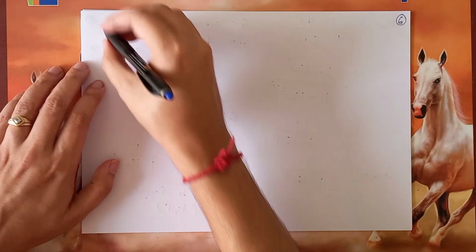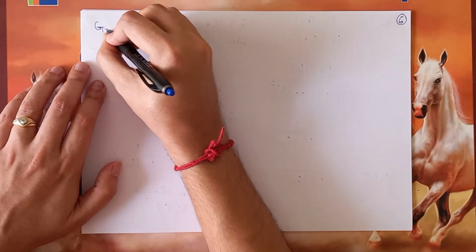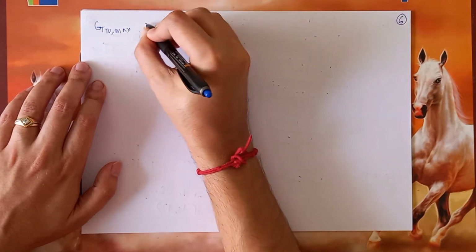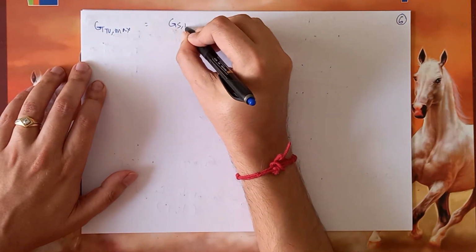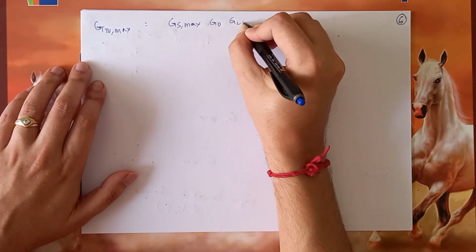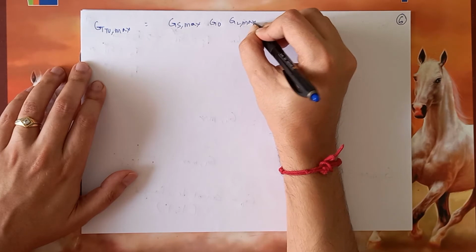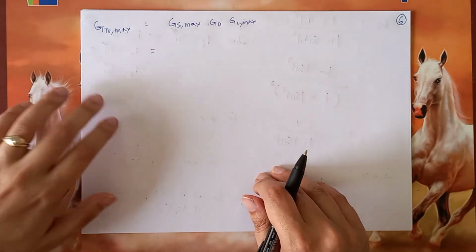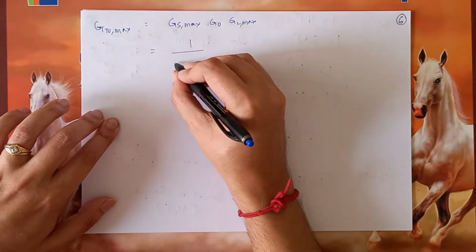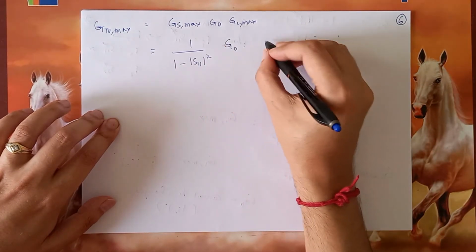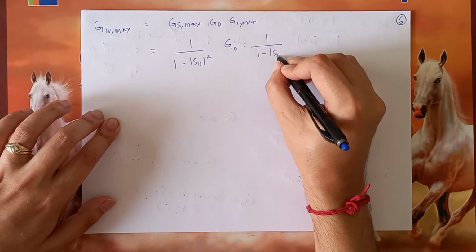So therefore, I can write GTU max that will be equal to GS max times G0 times GL max, and that is equal to one by 1 minus mod S11 square times G0 times 1 by 1 minus mod S22 square.